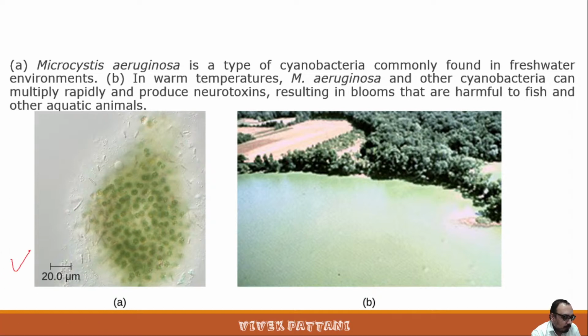This photograph seen here is of Microcystis aeruginosa, a cyanobacterium which is found in freshwater environments. In warm temperatures, Microcystis aeruginosa and other cyanobacteria can rapidly multiply and produce neurotoxins, resulting in blooms that are harmful to fish and other aquatic animals.